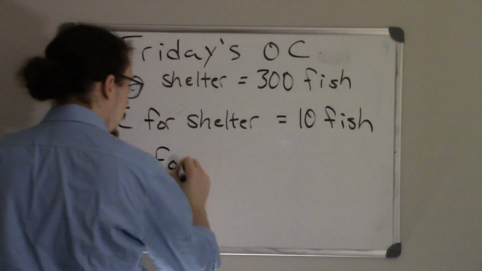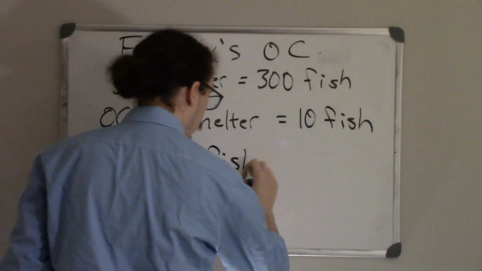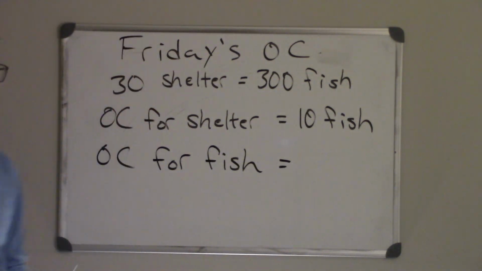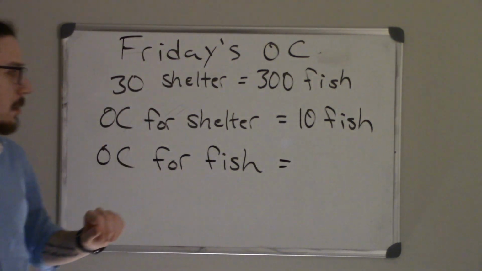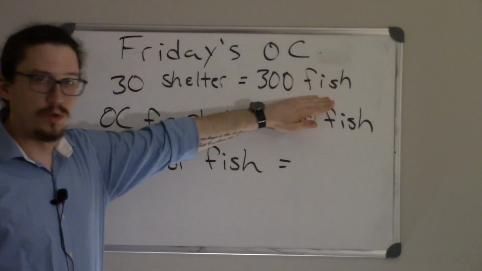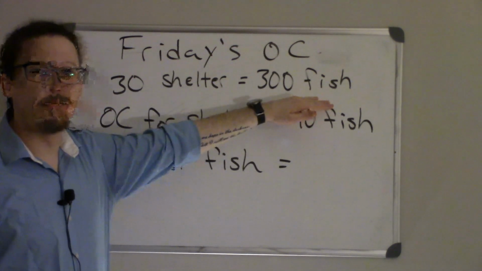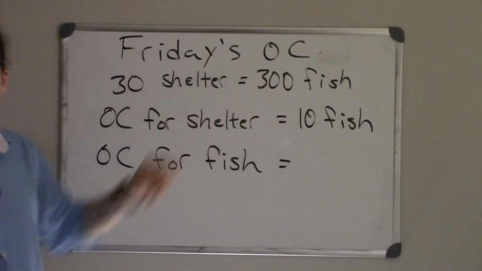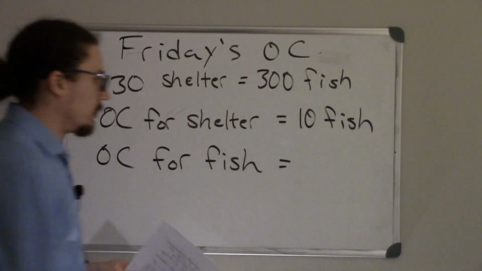Then of course we can also find the same information for Friday's opportunity cost for fish. A similar thing. We're going to try in this case to get fish by itself on one side of the equation, so we're going to divide both sides of the equation by 300.